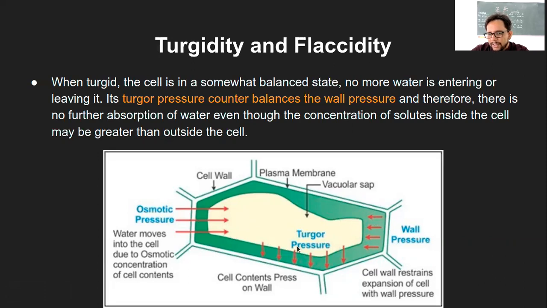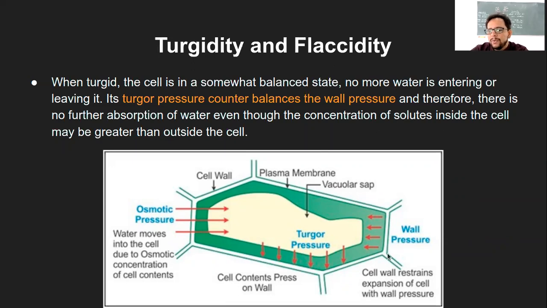If you look at the turgor pressure, that is exerted on the wall by the water which is present inside the cell, and the wall pressure will be the opposite force to the turgor pressure, exerted on the cell content. So when we are talking of these three forces which are acting on a cell, and let's say the cell is in a fully distended turgid state, that is maximum capacity, and it can no more accept water, in that case this turgor pressure and this wall pressure will be exactly equal, that is, they will be balancing each other.